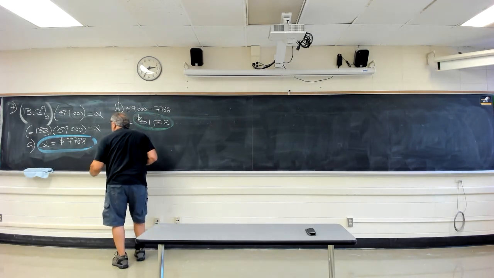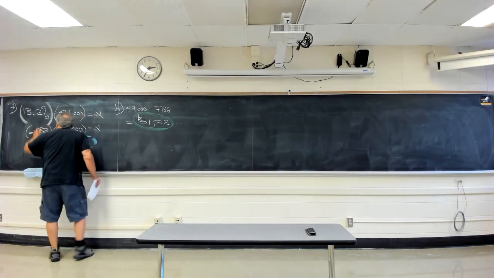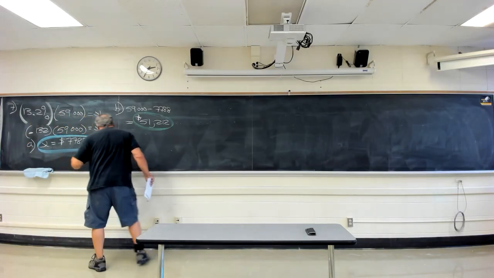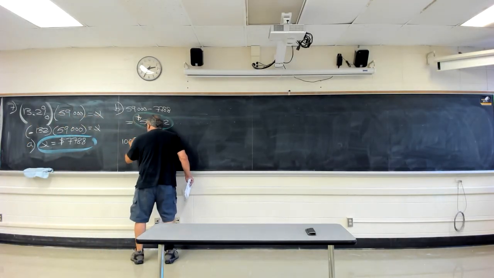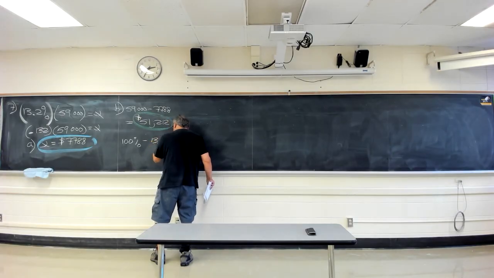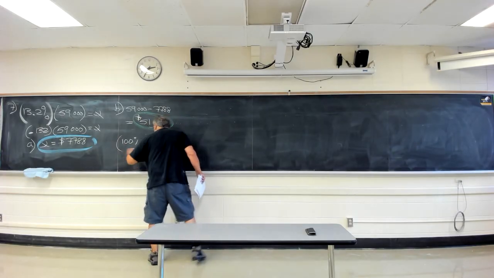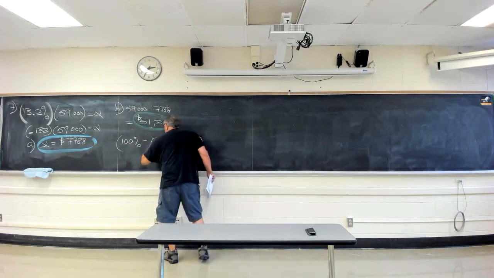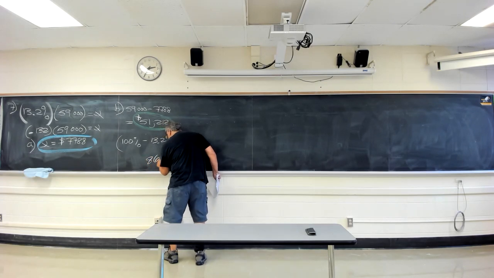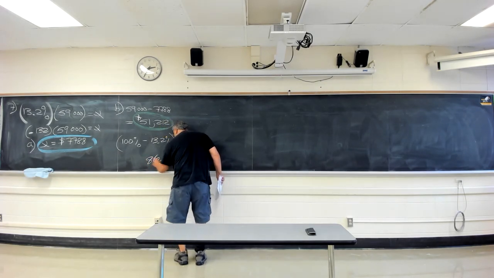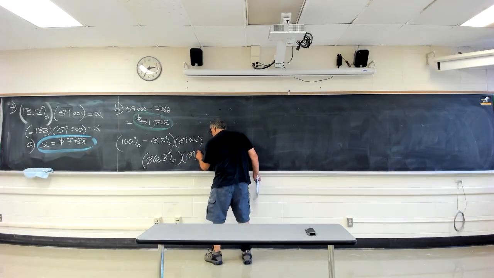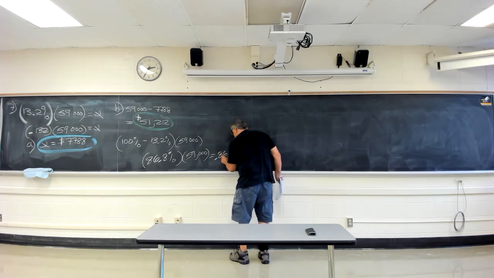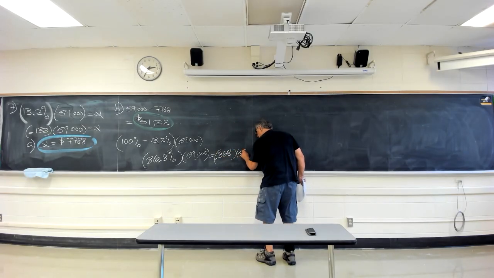You also could have done, kind of a slick way to do it is, if you're dropping it 13.2%, what's 100% minus 13.2%? Whatever that is, multiply it by the 59,000 and you'll get the new price of the car. If you do the subtraction here, this is going to be 86.8% times the original price, which is the same as 0.868 times 59,000.